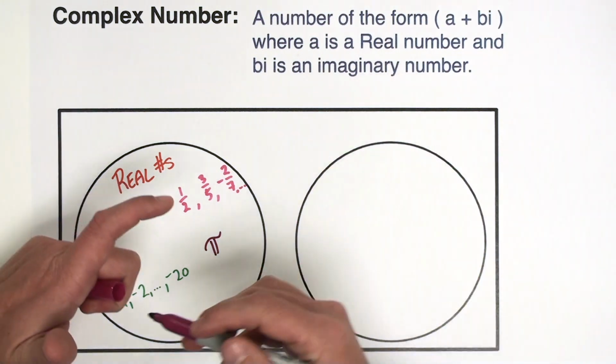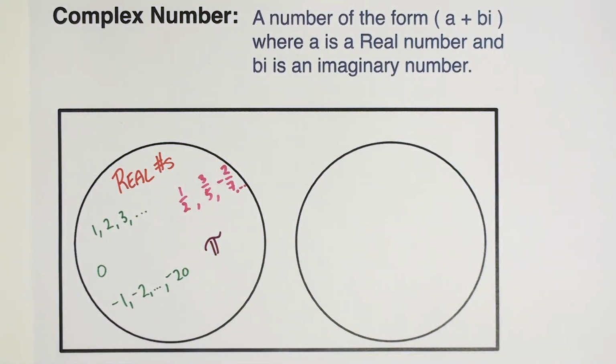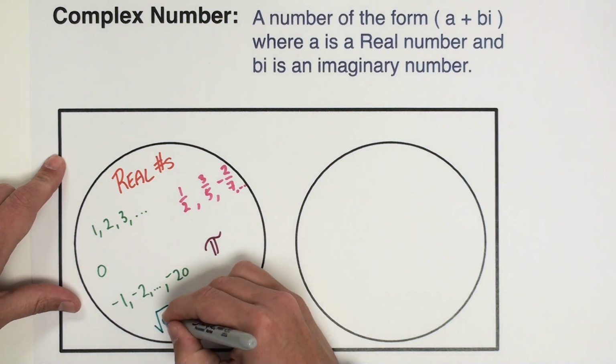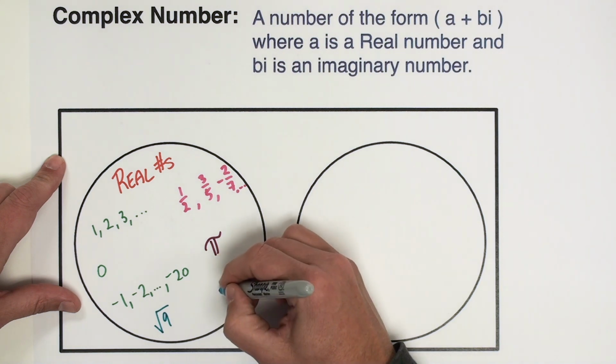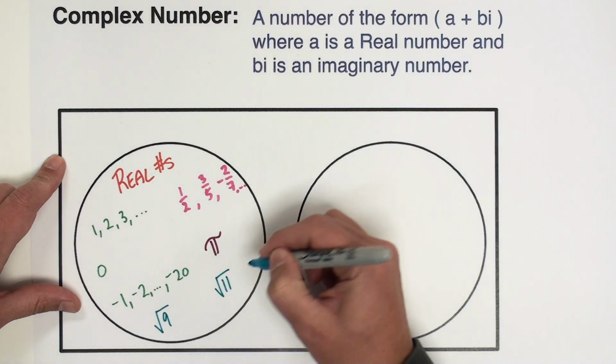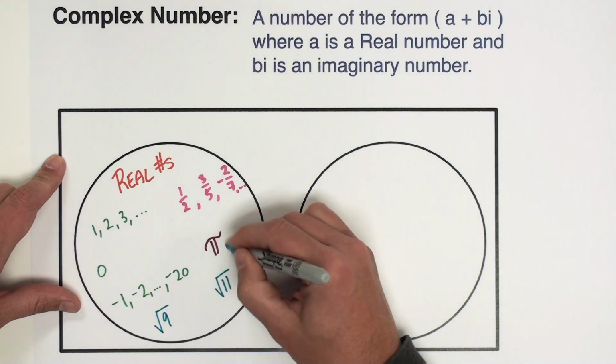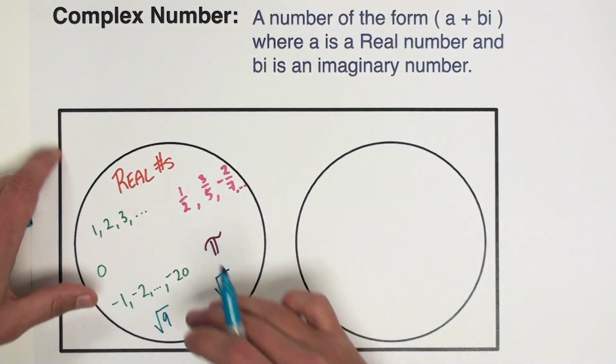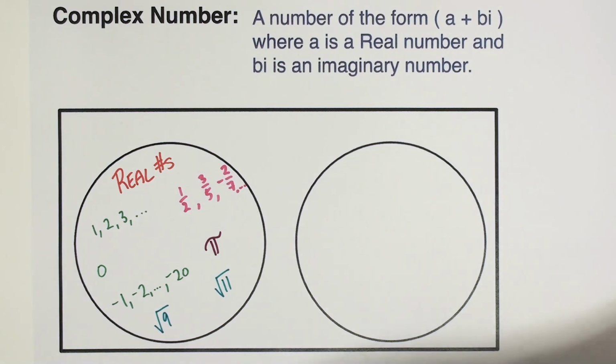And that includes other kinds of numbers that I haven't even written down yet. That includes like square root numbers. Square root of 9, well, that's 3, that fits in here. Square root 11, that's an irrational number like pi, it fits in here too. But basically everything has fit into that circle.